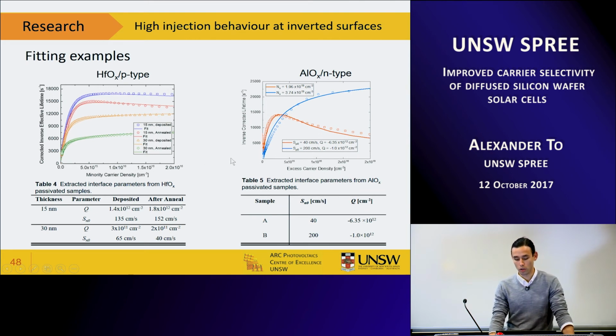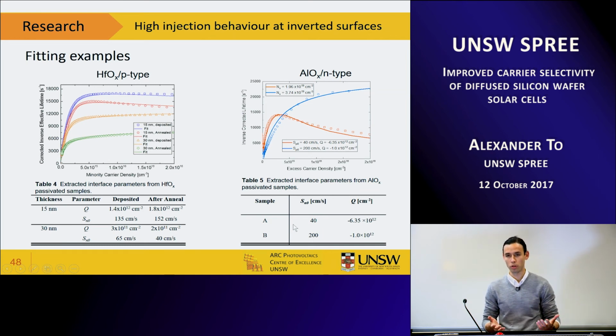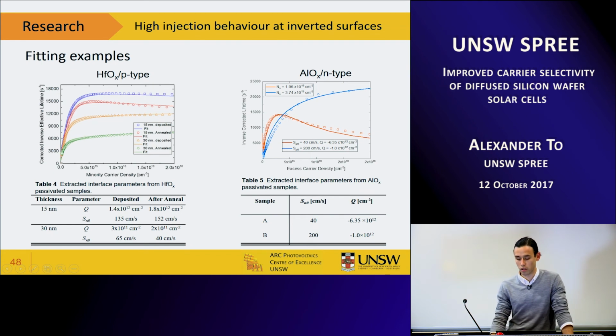So here we have the fitting results of fixed charge and effective Sn0 and Sp0 values. They're actually quite low compared to what is usually reported, and we think that's because we've really only simulated a single mid-gap trap state, and therefore there's some aggregation there, which means you come out with such a low value. But I'm happy to talk about that in more detail.